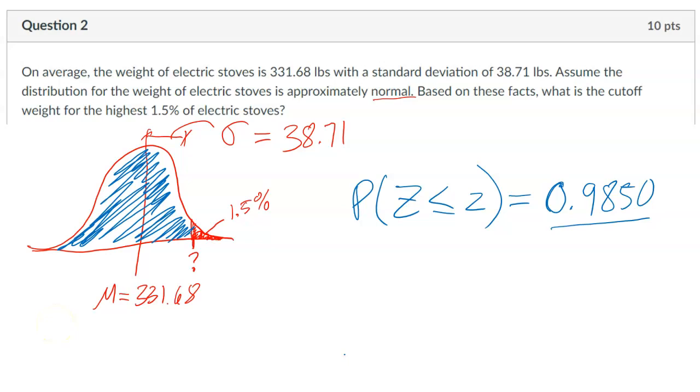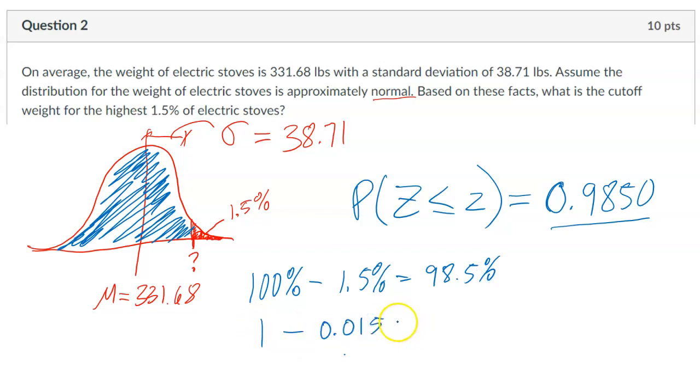So it will be 100% minus 1.5%, which gives us 98.5%. Or the way I prefer, 1 minus 0.015, and that will be 0.985. So, 0.9850.